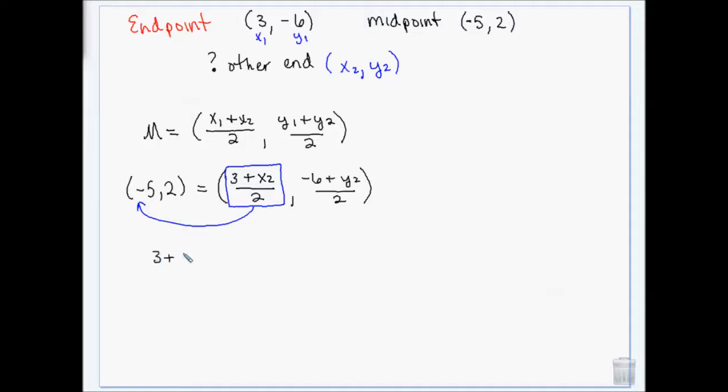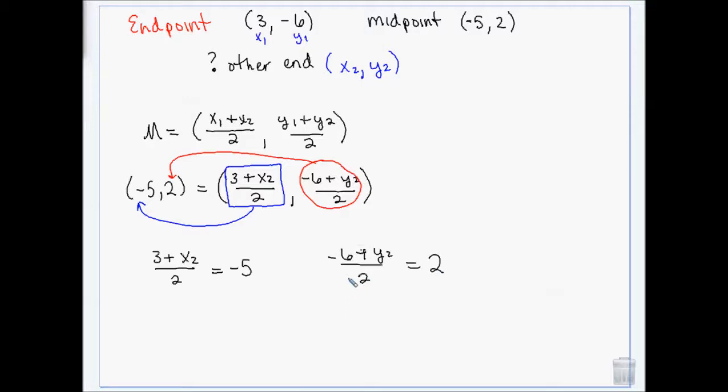So 3 plus x2 divided by 2 equals negative 5. And this equals that. So negative 6 plus y2 divided by 2 equals 2.